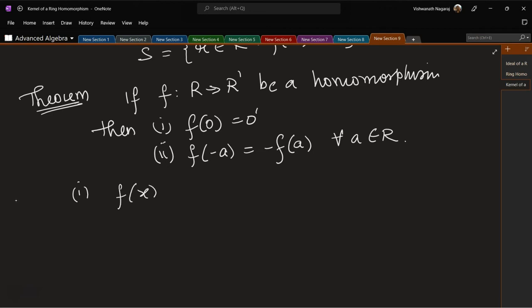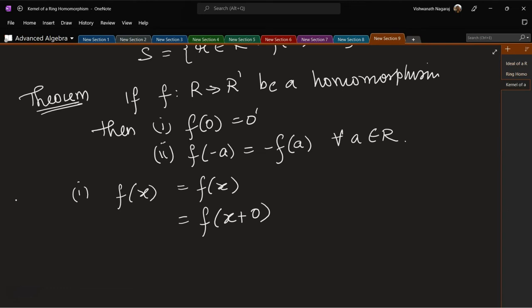Now we know f of x is equal to f of x. But this f of x can be written as f of x plus 0, right?